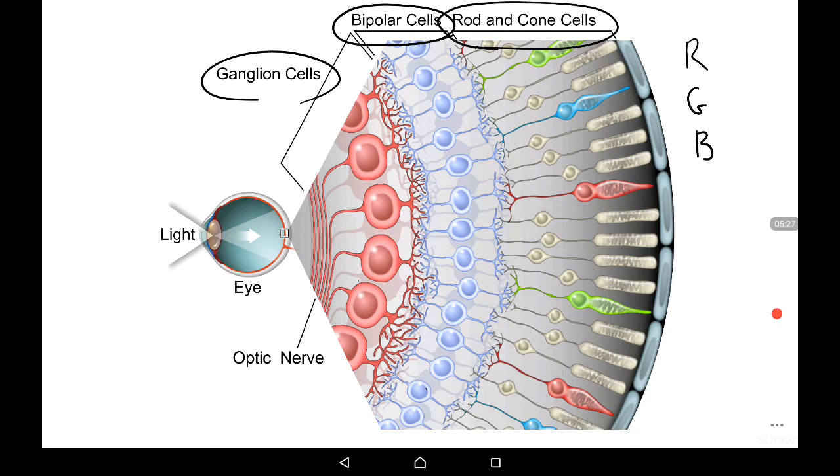When light reaches rods and cones, they produce not an action potential, but instead they are hyperpolarized. This is the peculiarity of vision. We have therefore receptive fields.